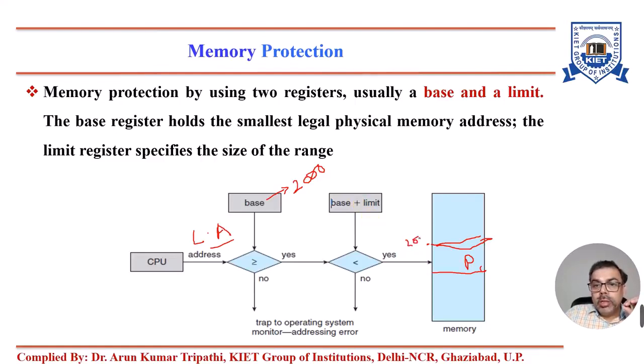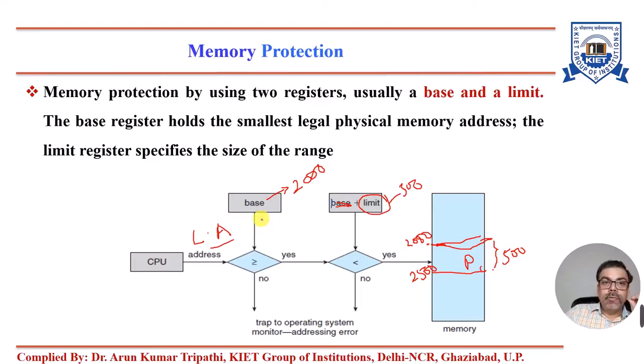So process P1 starts from memory location 2000. So this contains the base register. And the second register is known as the limit register. The limit register defines the limit of the process. Suppose that it is 500. In that case, it will occupy a maximum of 500 bytes, meaning it will end at the 2500 address. So this will be the limit register, that is 500.